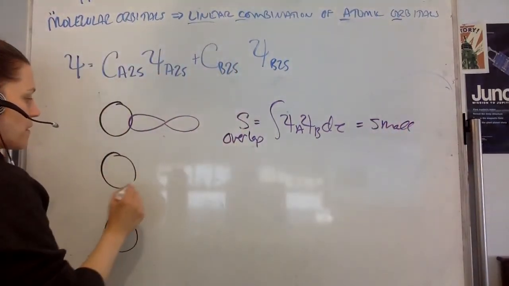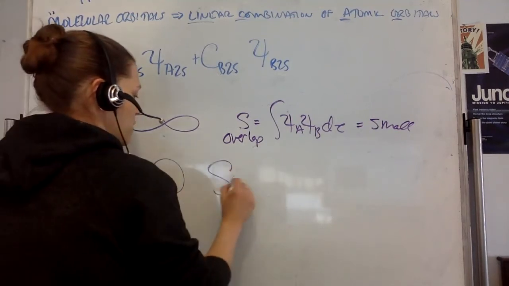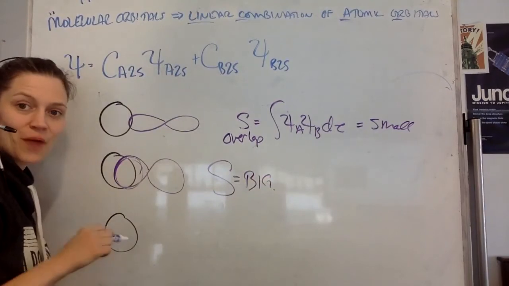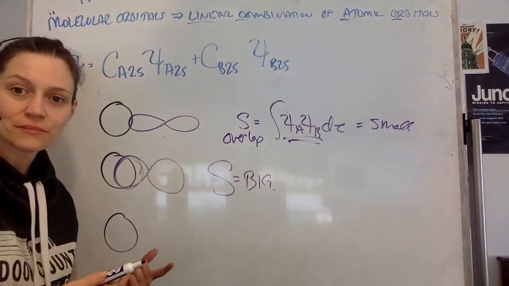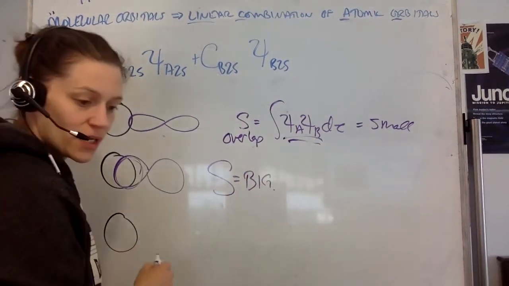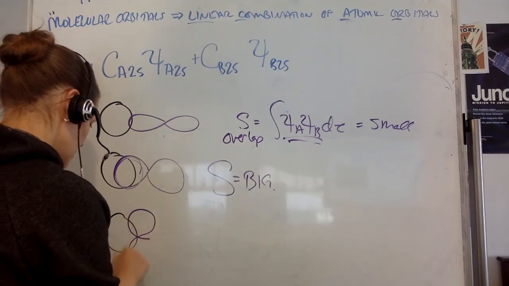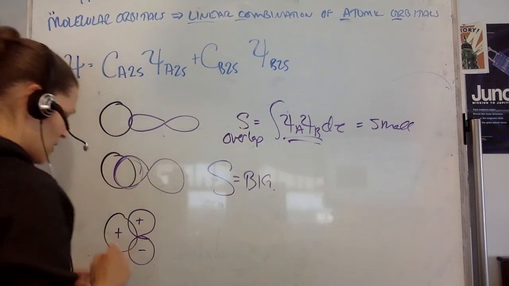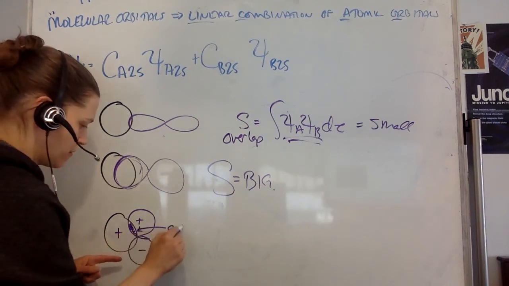Cool. If, however, you have S is big because you have a lot of overlap, okay? And so that means that this contribution is actually going to be larger. And then if you have something that looks like this, where this is your plus and this is your minus, so there is going to be additive.